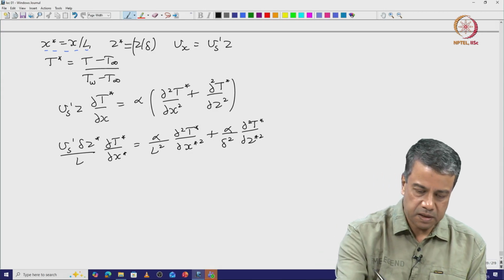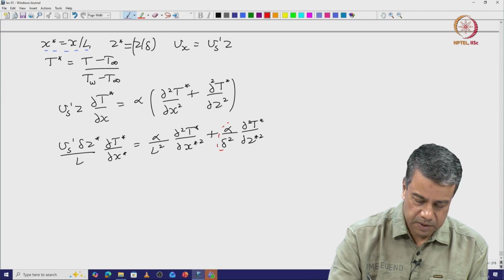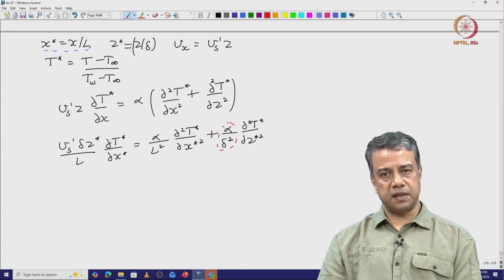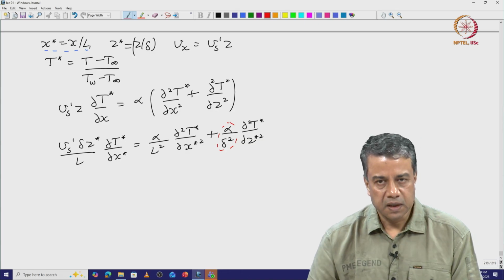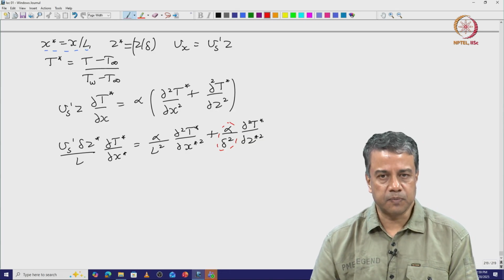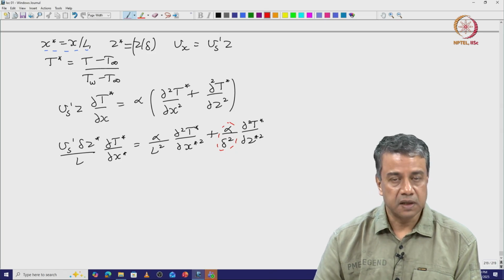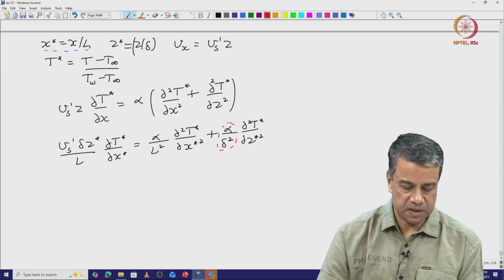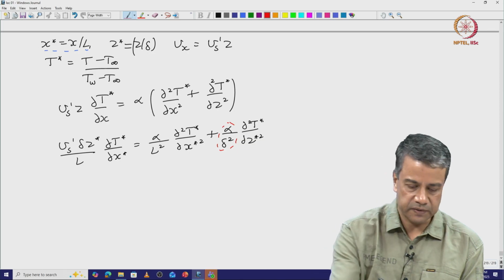Now, the largest term on the right side is this one. If the cross stream diffusion has to be comparable to the streamwise convection, then this cross stream diffusion term has to be of the same magnitude as the streamwise convection term.